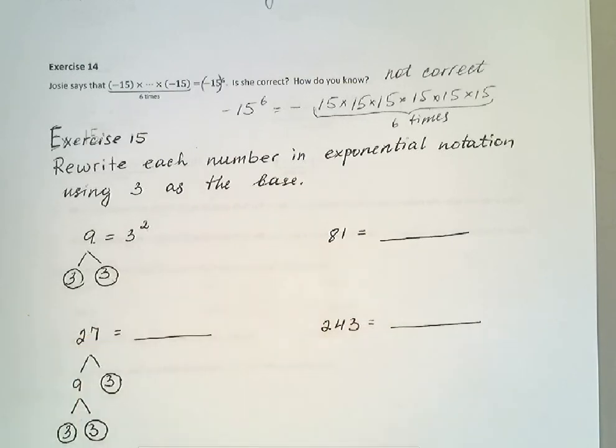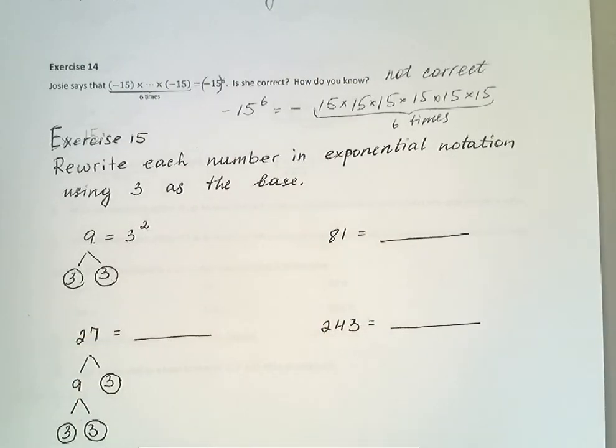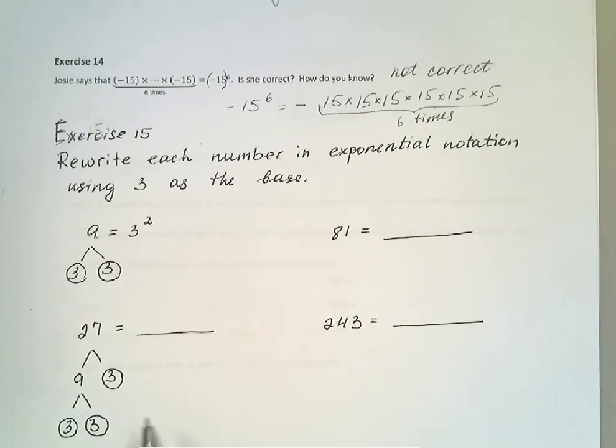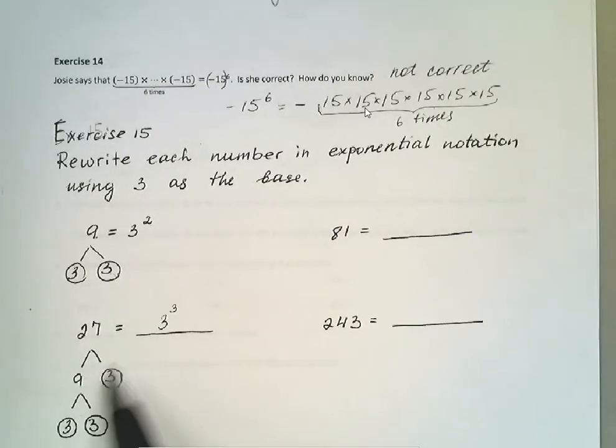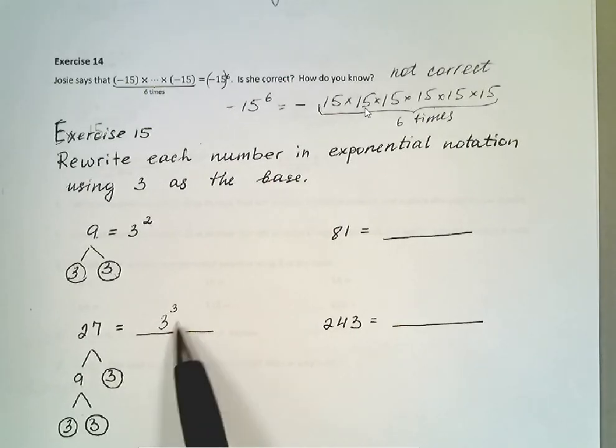All right. If I'm taking a look at 27, I can rewrite it as 9 times 3. So the 3 is the base, but then 9 isn't. So I'm going to divide 9 again until I get that 3 all the time. So I see that 3 is multiplied by itself 3 times. So it will be 3 to the power of 3.